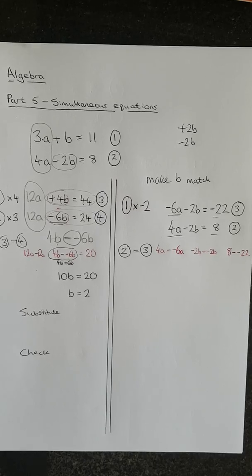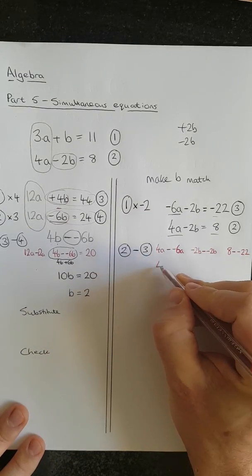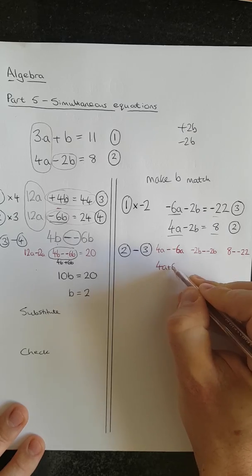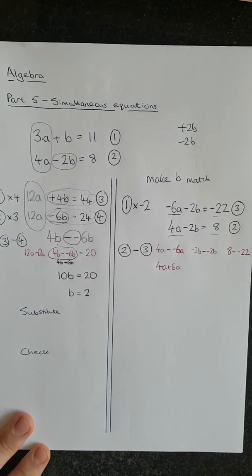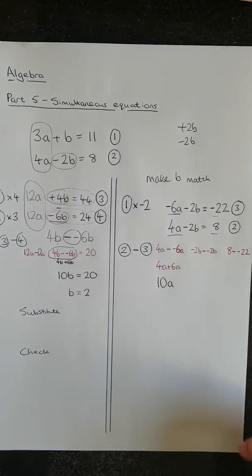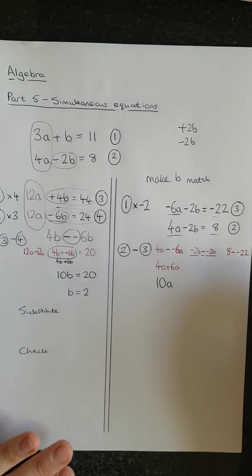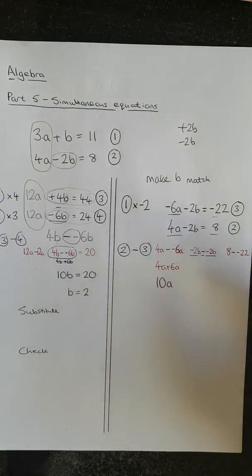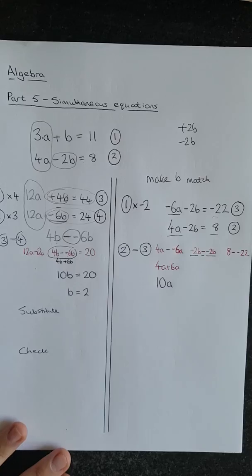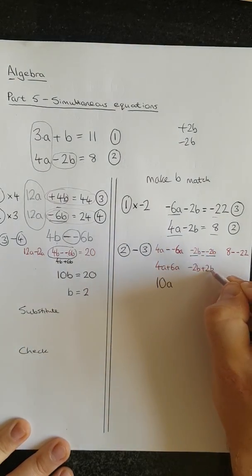So 4a subtract minus 6a is 4a add 6a, which is 10a. Minus 2b subtract minus 2b, well, we know it's nothing, but let's show the step. It's minus 2b plus 2b.